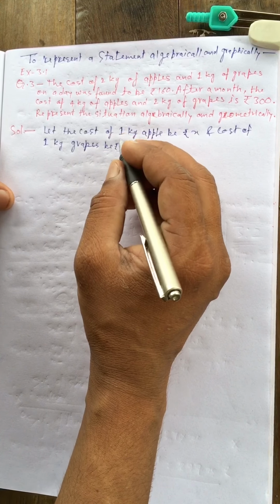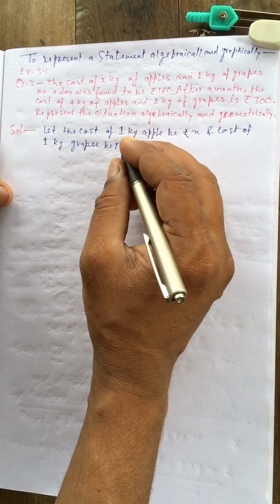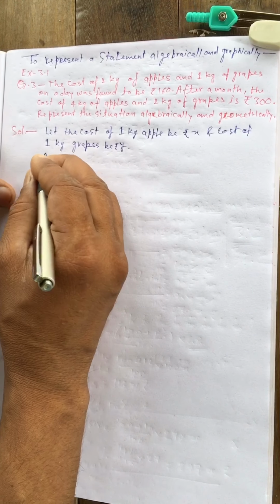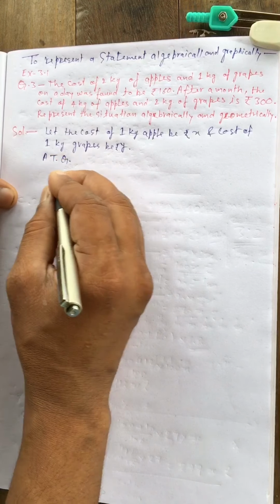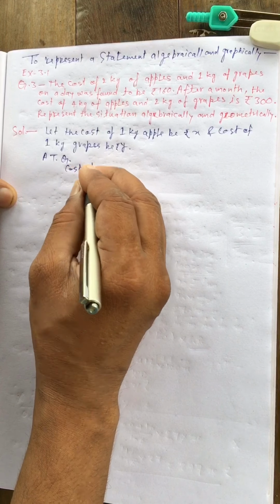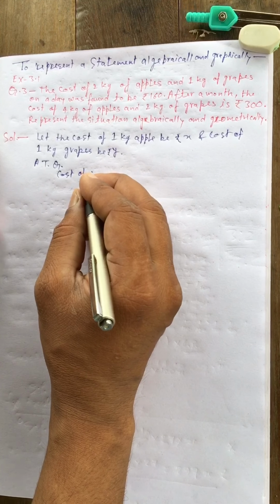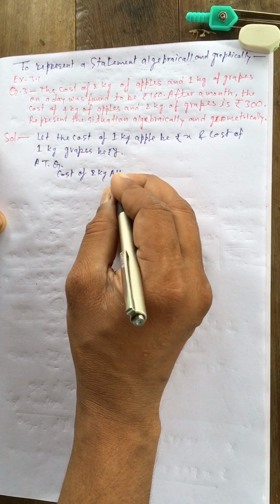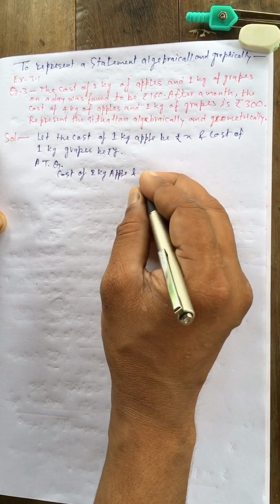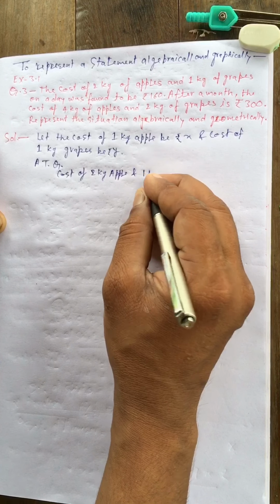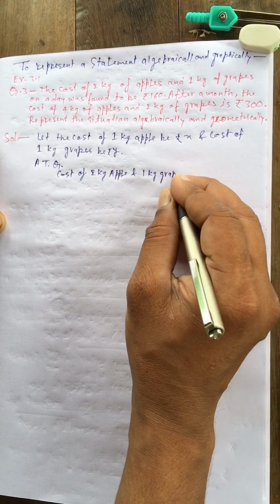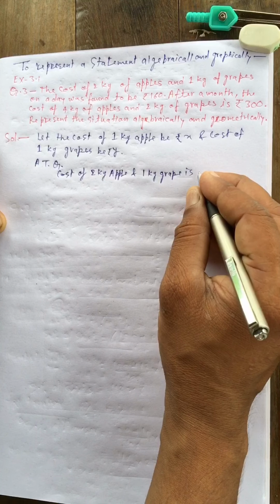In the question we are given that the cost of 2 kg apple and 1 kg of grape is 160. According to the question, the cost of 2 kg apple and 1 kg grape is 160 rupees.